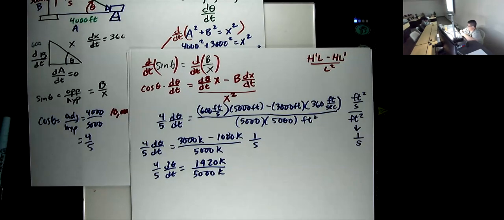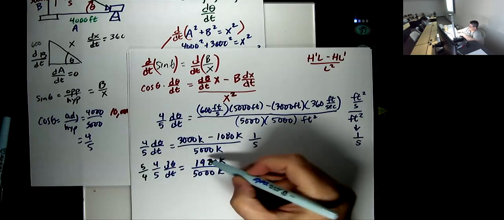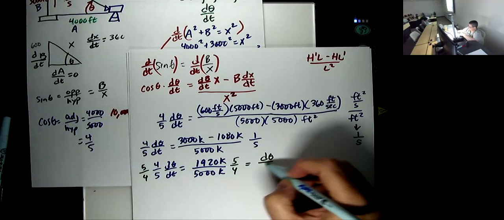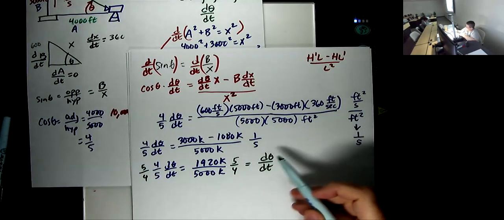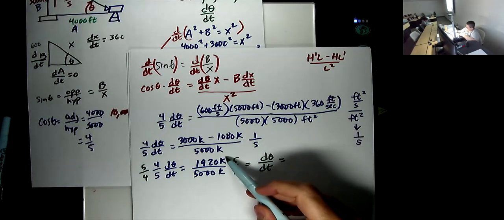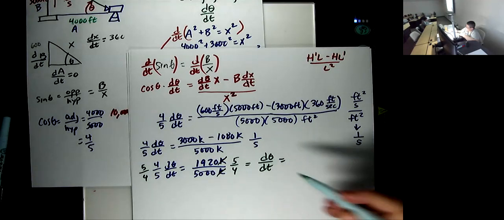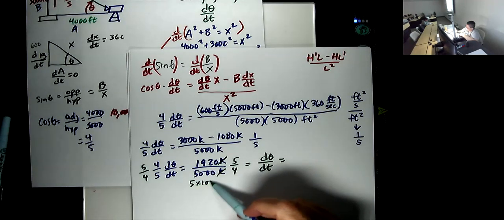If I multiply by the 5/4, I get d theta dt equals, the K's cancel here. This is like 5 times 1,000. The 5 will cancel.